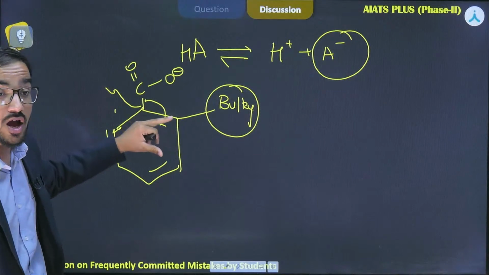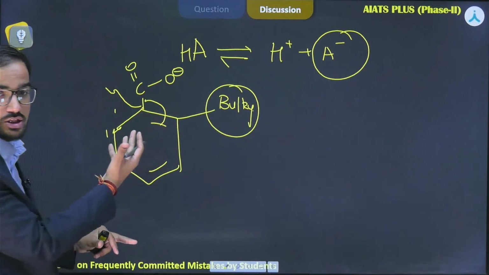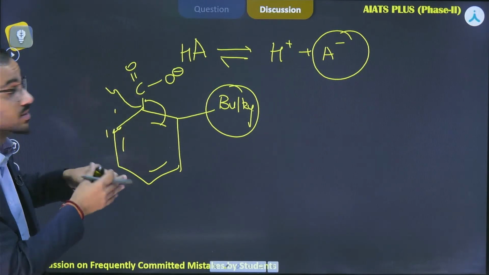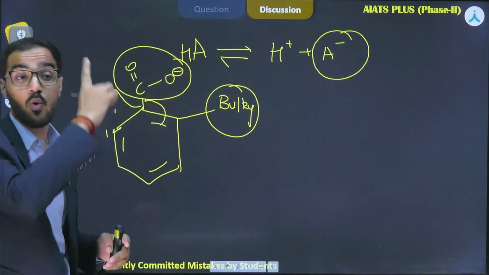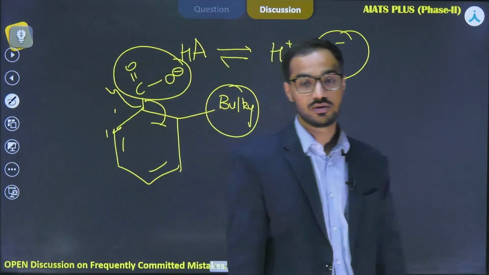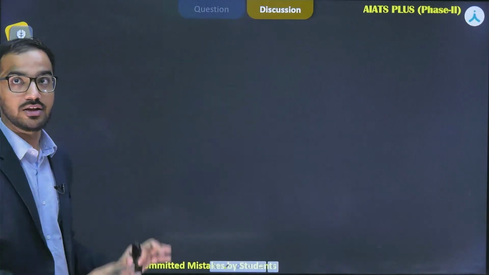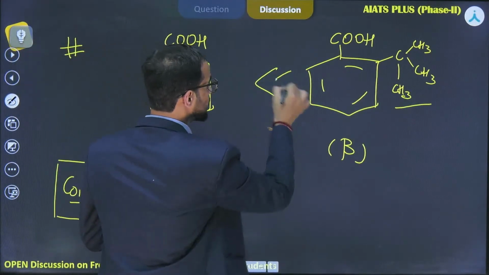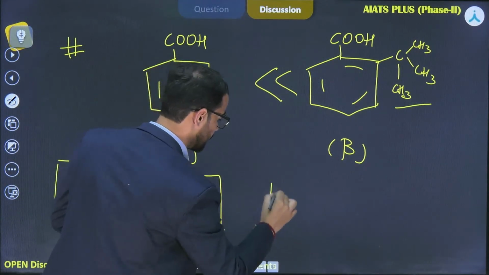You can call it steric inhibition, or we can say the plane of the compound changes. It means the carboxylate ion formed here is more stabilized as compared to simple benzoic acid. Is it clear? And you will yield that this is more acidic, and pKa of A is greater than B.